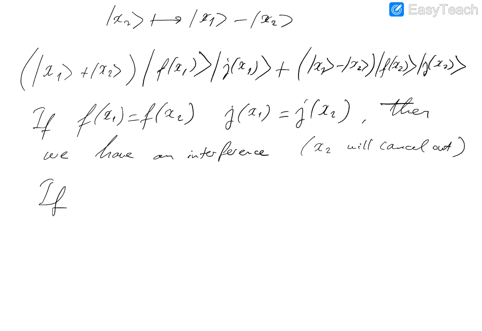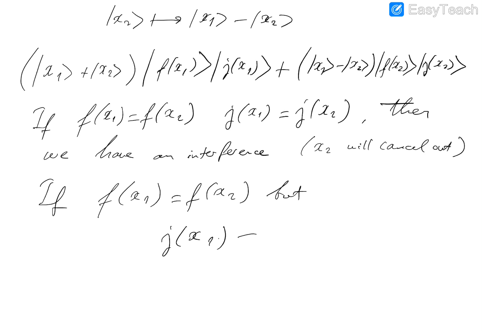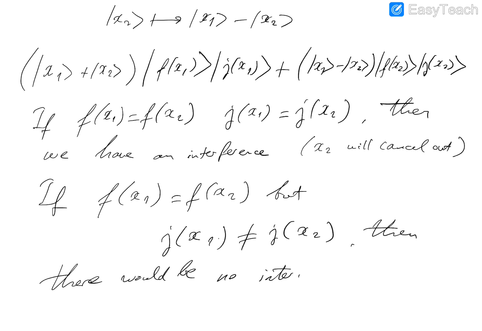So if f of x1 equals f of x2, but junk of x1 is not equal to junk of x2, then in that case there would be no interference.